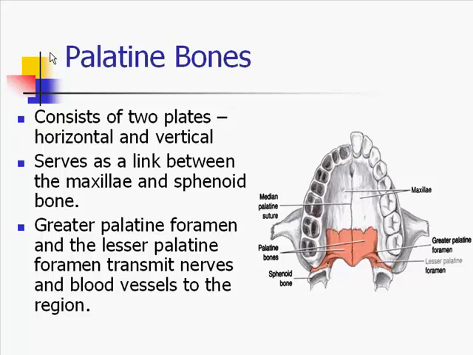Palatine bones, remember that the roof of the mouth is formed by the maxilla and the palatine bones. The reason why it's considered a facial bone is because you can see it forms a very small part of the apex of the orbit.